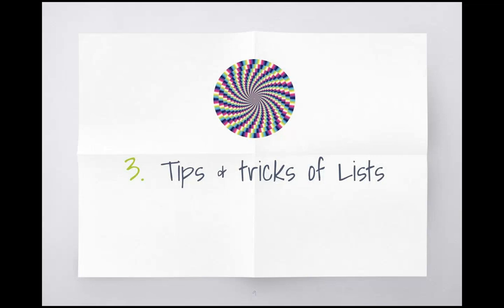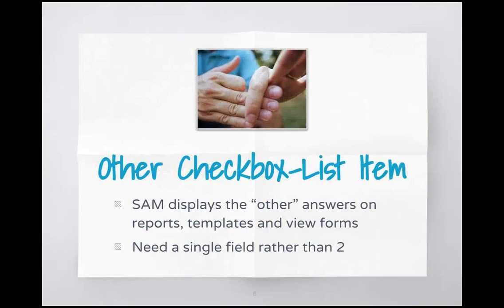Oh, right. Let's look at tips and tricks, some of the fun things that you might not know about lists, but things that you can do. On checkbox lists, you might have an item that is an other, right?